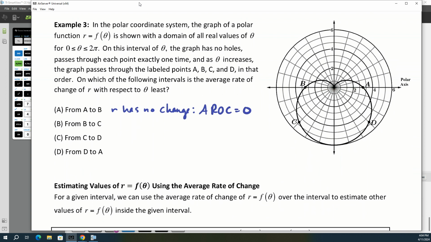Okay, then when we go from B to C, the r is changing from something between 2 and 3, like 2.5, to something between, looks like between 5 and 6. So the r is getting bigger. r is increasing.